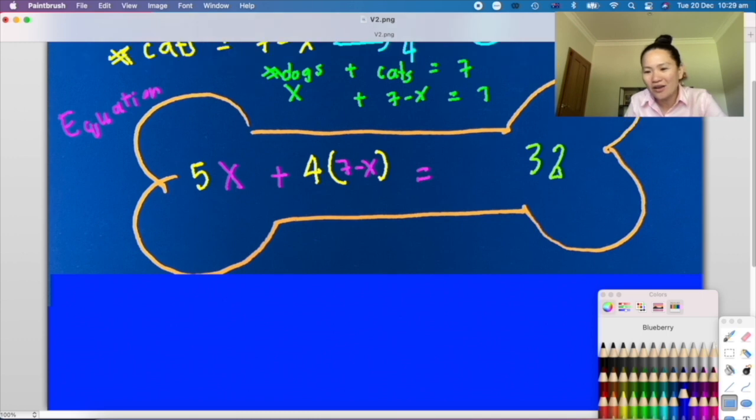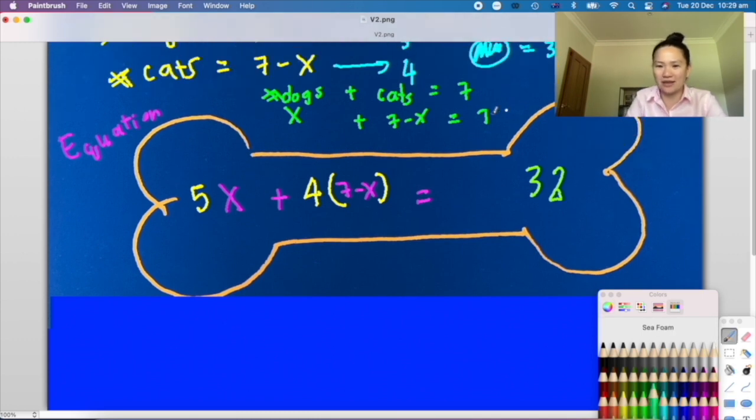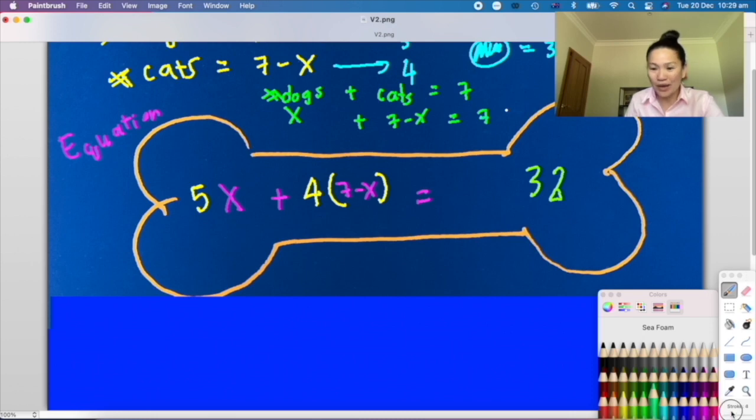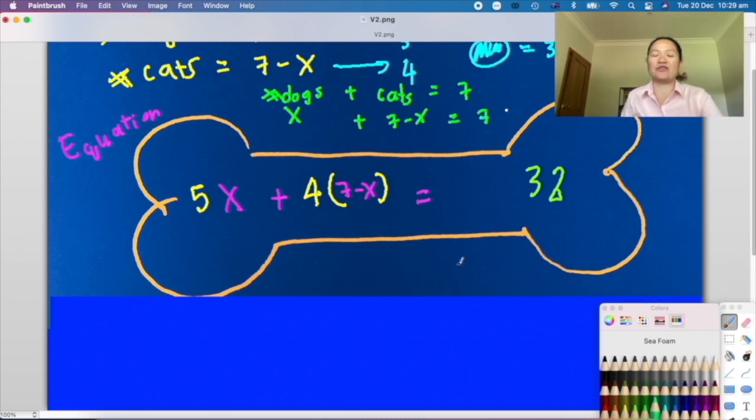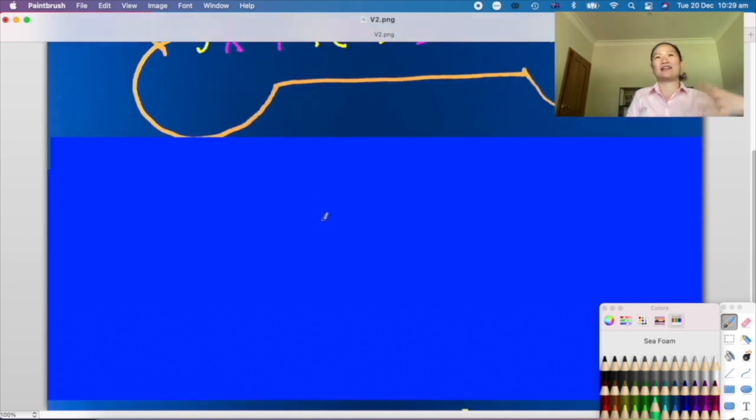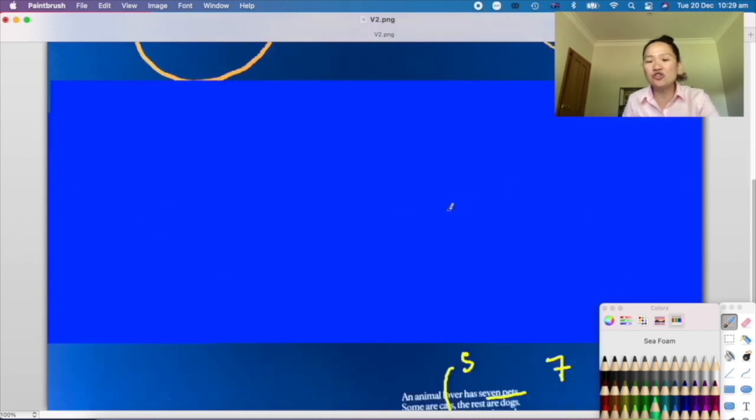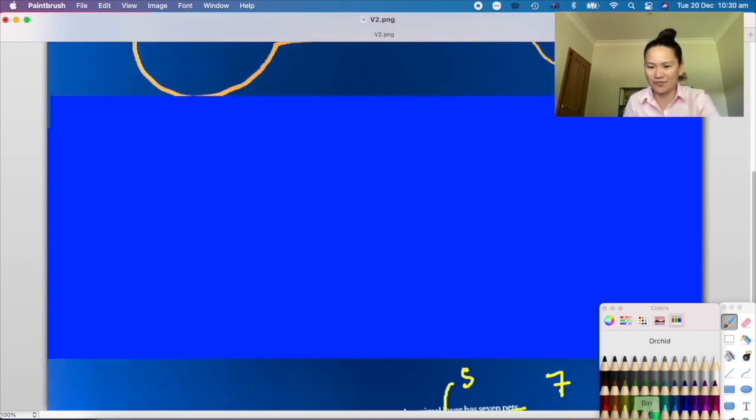Now, you have to know something here when we solve equations. We have two methods. The methods that I taught you are the elimination method and moving to the other side. I'm going to show both for you. Let me do the first one first, but I'm going to fit everything in here. Okay, let's do method 1.